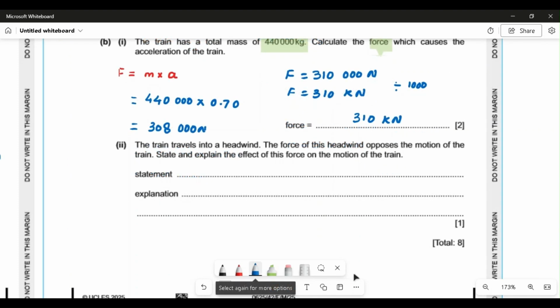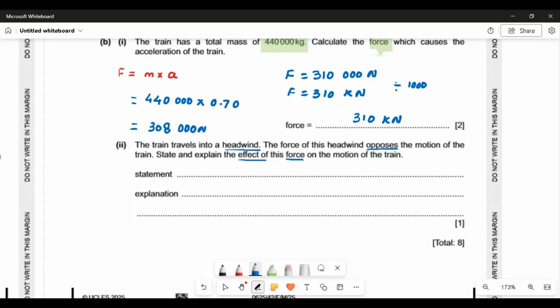The second part says that the train travels into headwind. The force of this headwind opposes the motion of the train. State and explain the effect of this force.